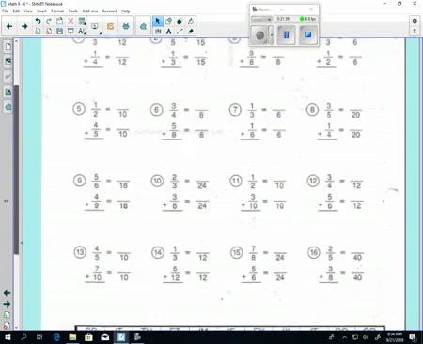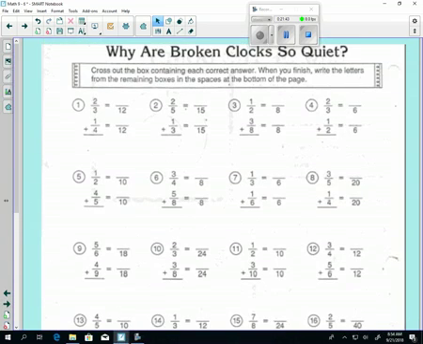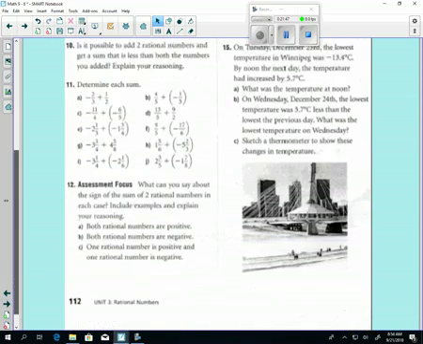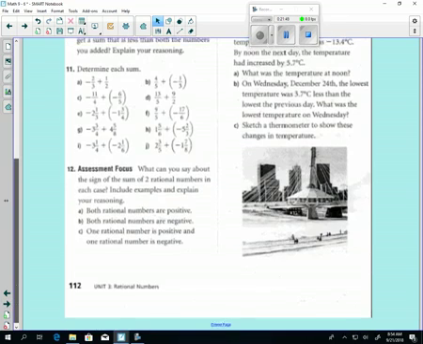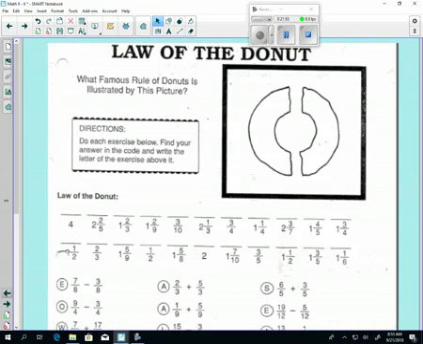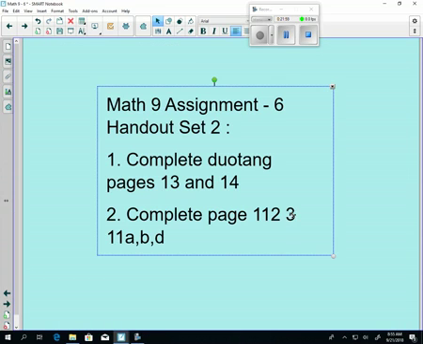There's your duotang page, number 14. And the last one is page 112. So we're going to go back to the slide and make that correction. That should be page 112. And just do number 11, A, B, and D.